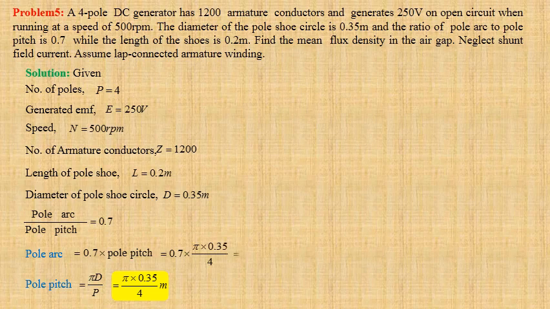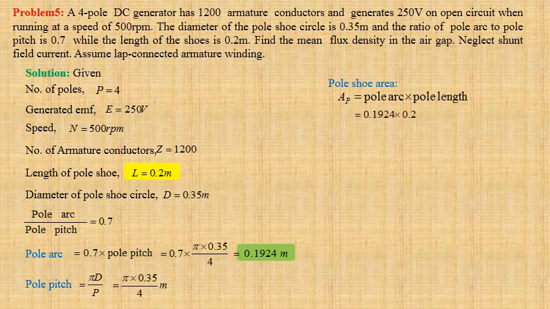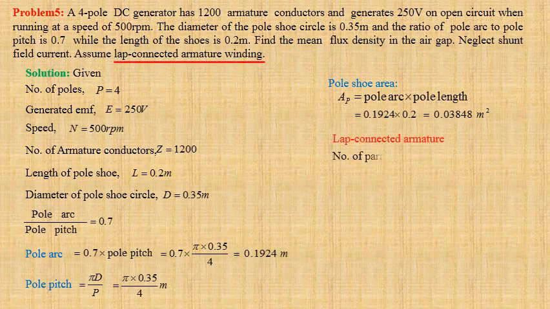That gives us 0.1924 meter. Pole shoe area AP equals pole arc into pole length, that is equal to 0.1924 into 0.2. That gives us 0.03848 meter square.